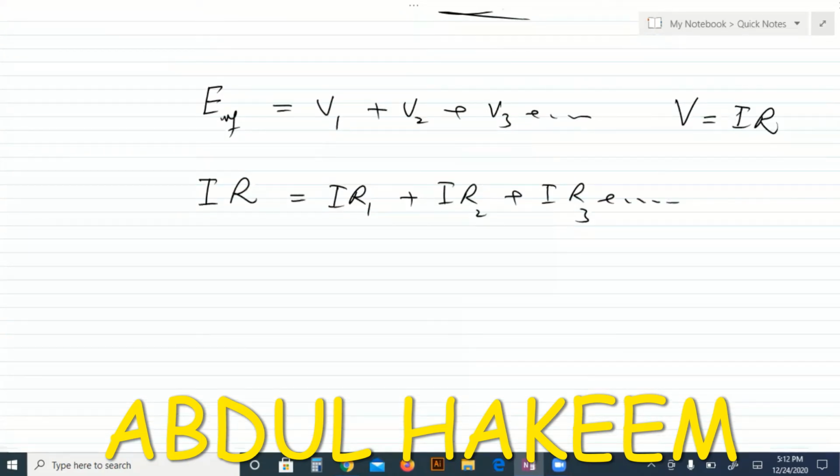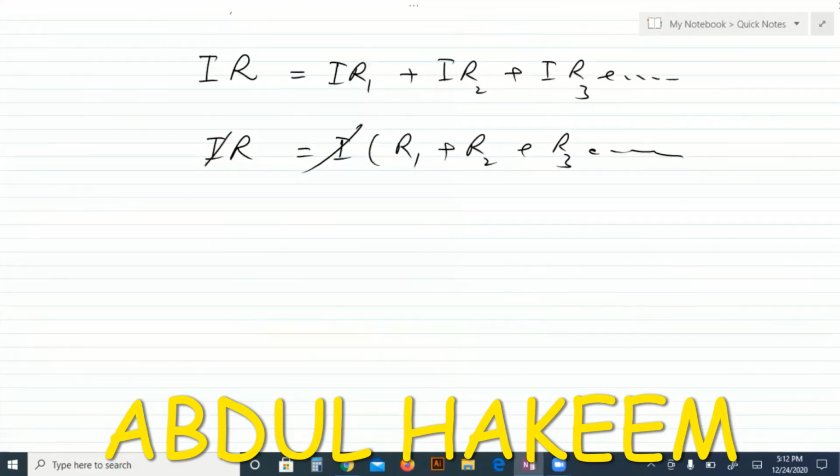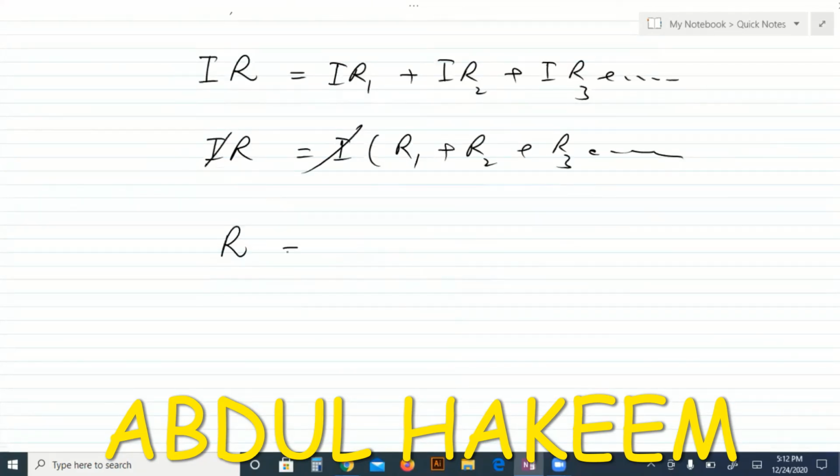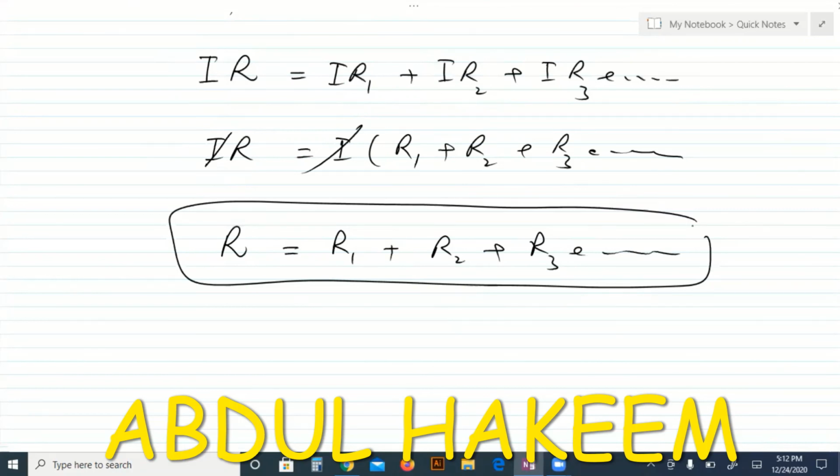So in series, current remains same, resistance different, so different potentials. So IR, I common, R1, R2, R3, and so on, I cancelled. Hence, total resistance in series is calculated by this simple formula. So this is the derivation of the formula for the total resistance in series.